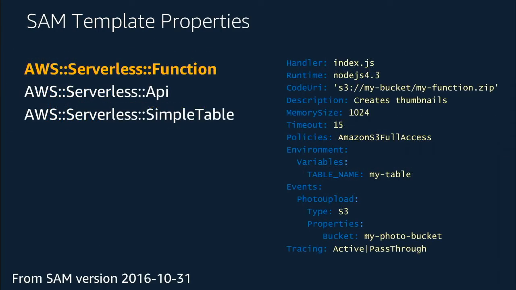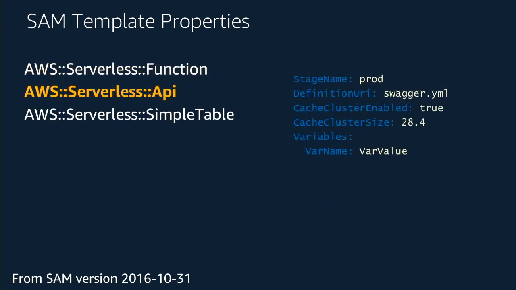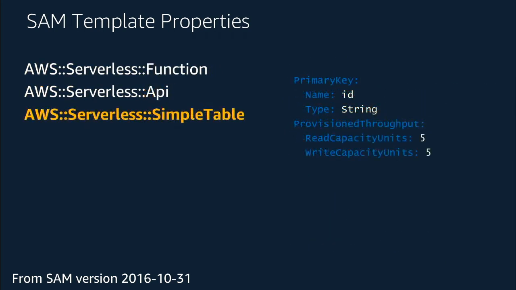What SAM gives you is a couple of special resources as well. You can define a serverless function, you can define a serverless API, and you can define a serverless simple table, which is actually a DynamoDB table. But you can define it with 3 or 4 lines of YAML or JSON instead of 20 or 30. It's just a convenient way of defining your serverless functions with fewer lines of code.